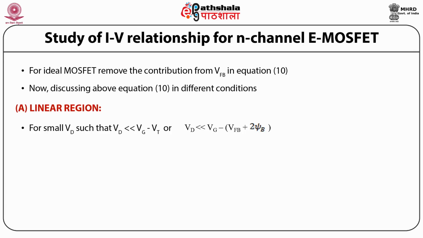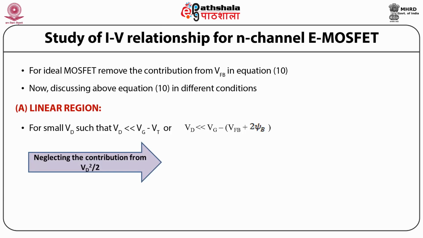So Id is equal to mu n Z C0 by L, and this Id has been obtained by neglecting the contribution from Vd square by 2.